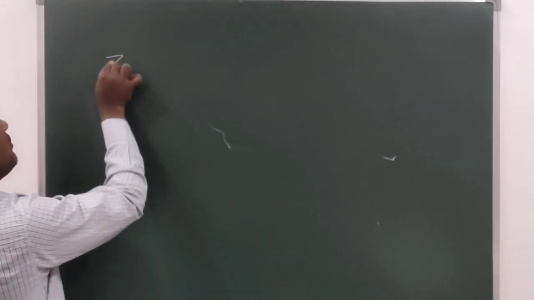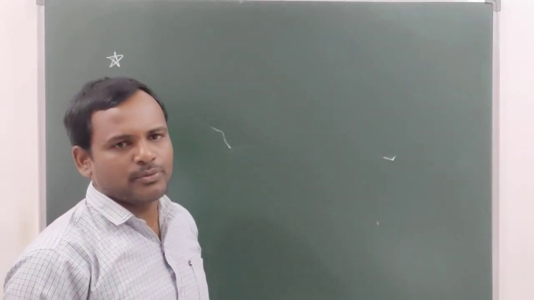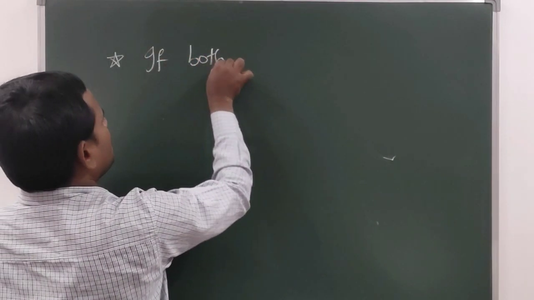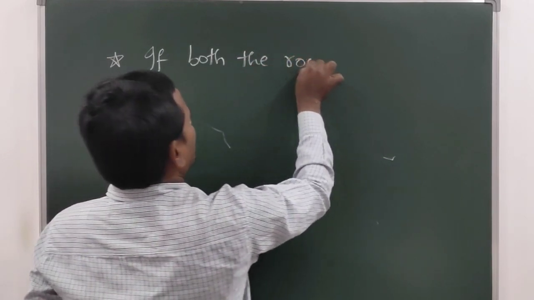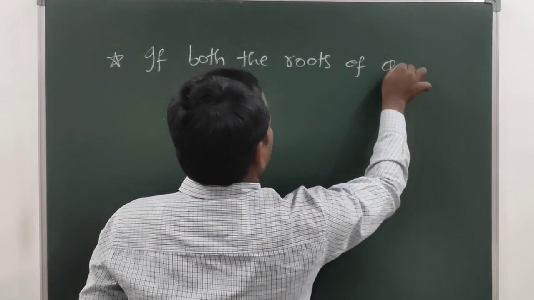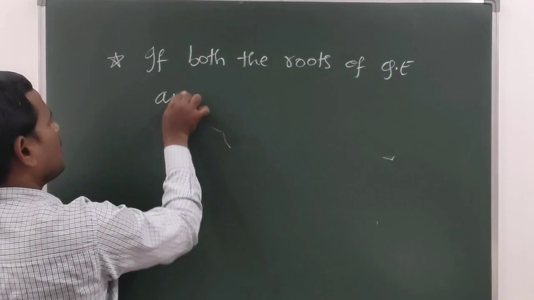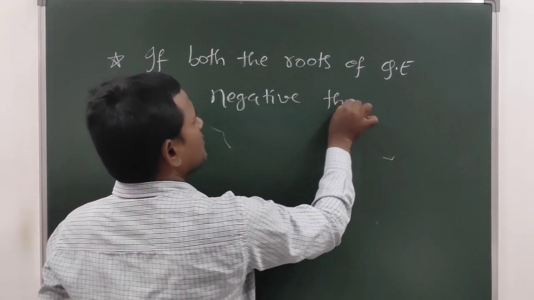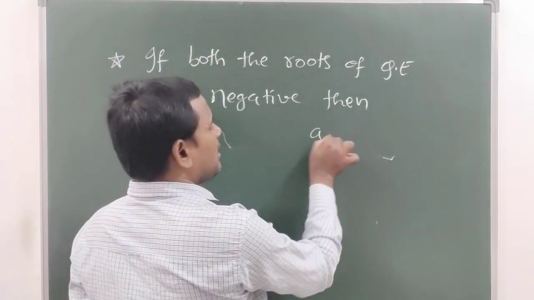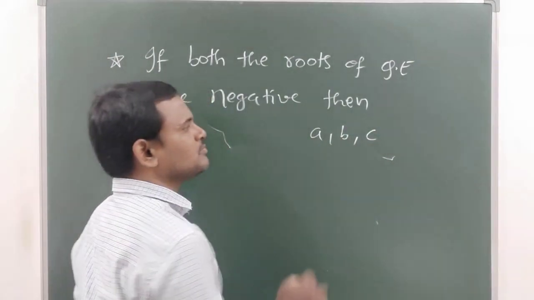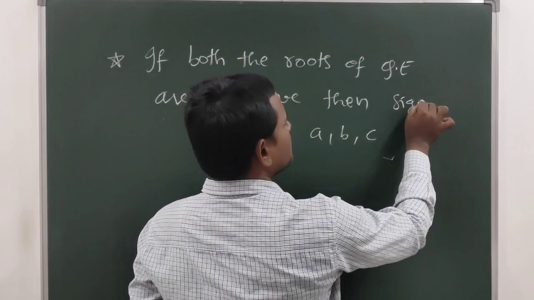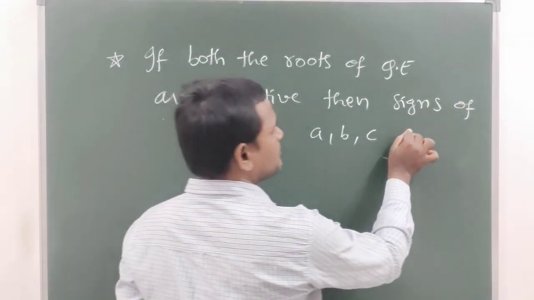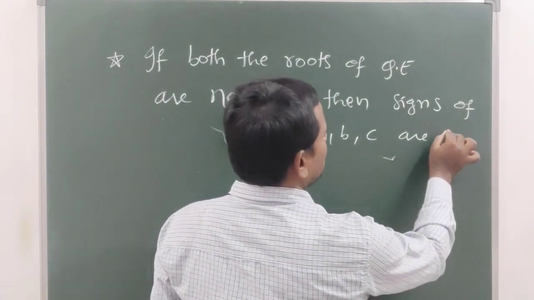Now the next one. If both the roots of a quadratic equation are negative, then the signs of a, b, c are the same.